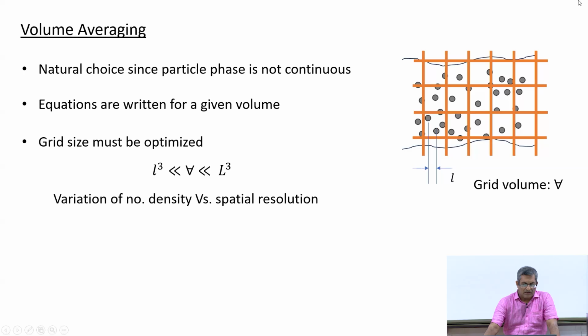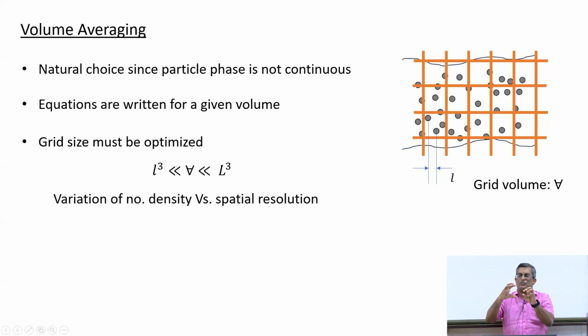So in general, the criterion to select a grid size is such that the volume of the grid is much larger than the cube of the interparticle separation distance, which represents basically the effective volume around an individual particle.